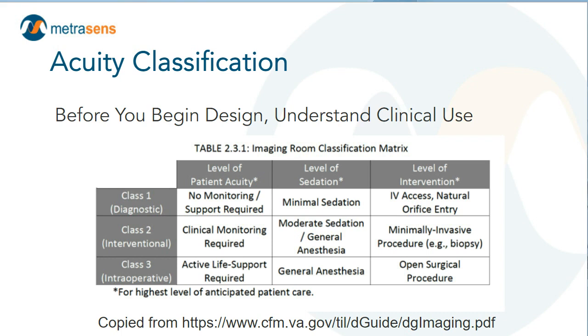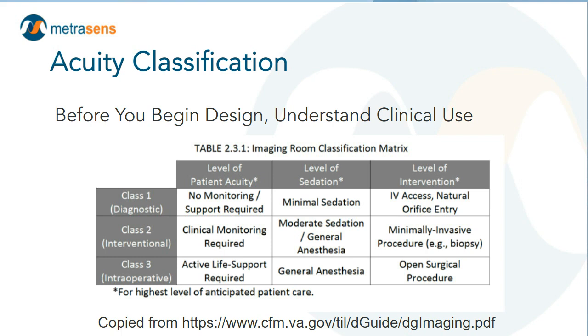This table, which essentially describes acuity, patient incapacitation through use of sedation or anesthesia, and the degree of intervention, essentially helps to guide us to identify what is the highest classification we regularly expect this facility to support, and that classification determination is going to drive minimum clearances and infrastructural provision for that suite.